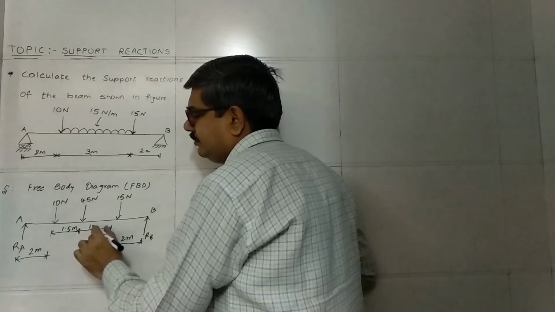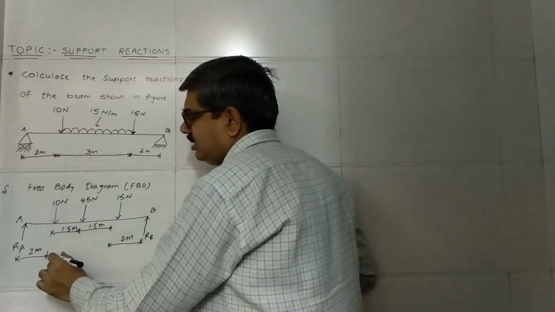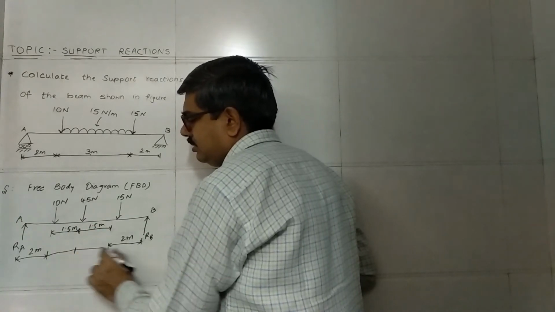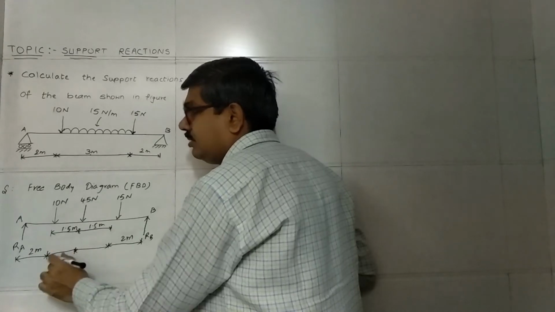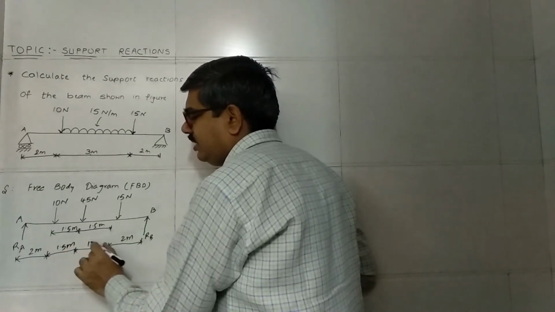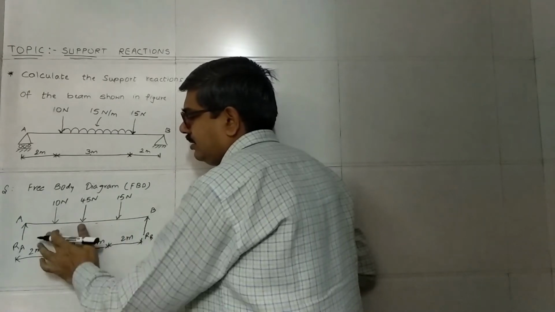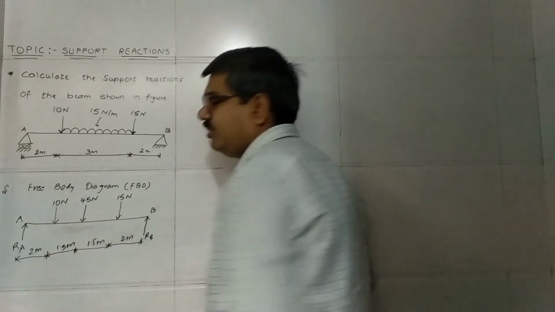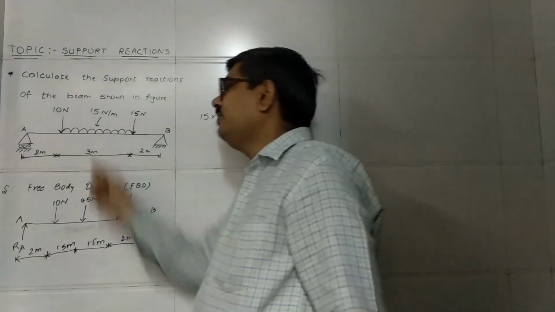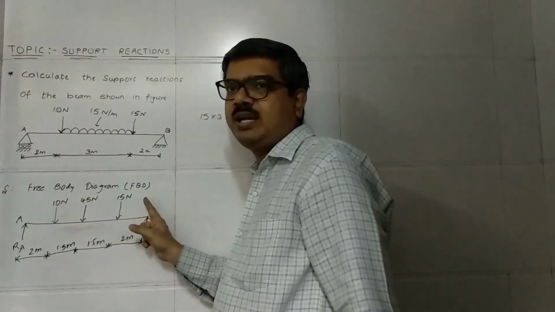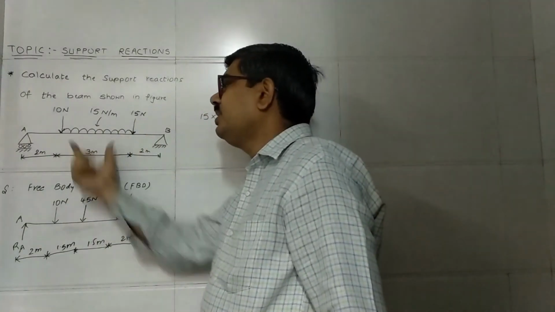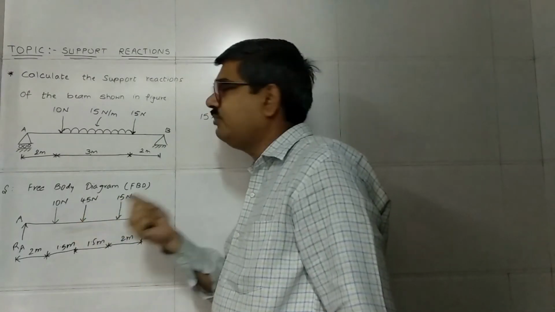So let me show this here. This is 1.5 meters. This is also 1.5 meters. So two things you have to remember. One, while you are drawing a free body diagram, always convert a UDL into a point load. How can you convert?